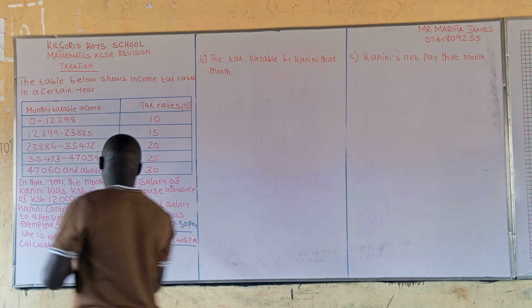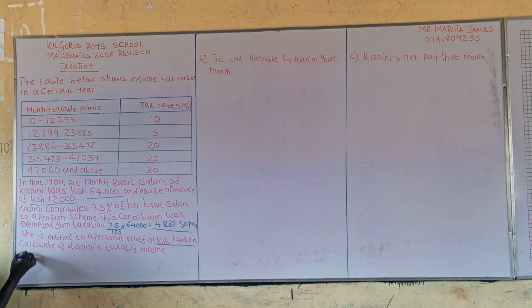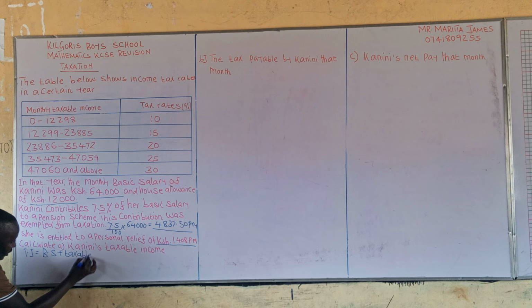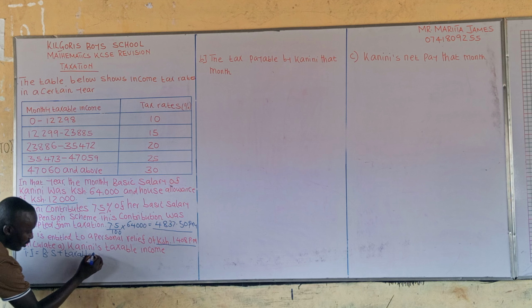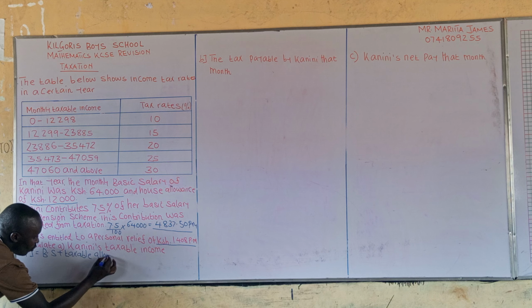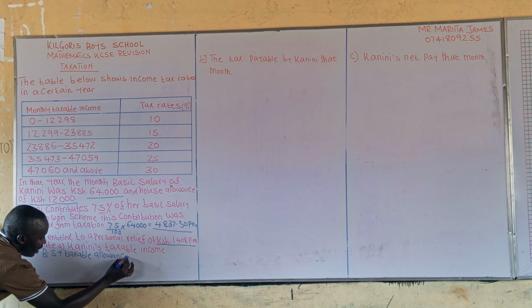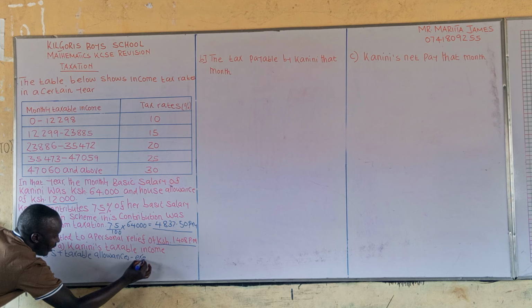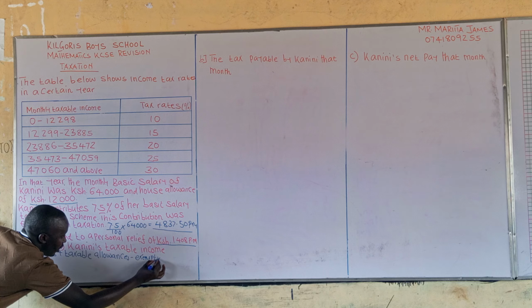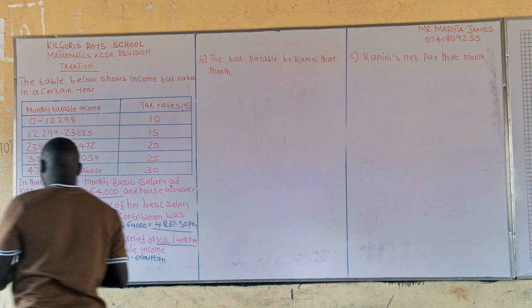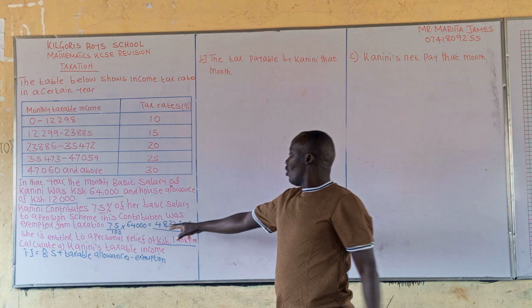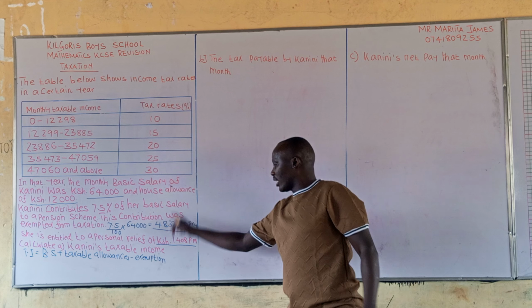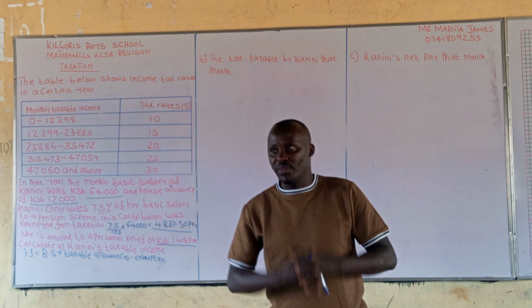So in this case, the taxable income of Kanini is equal to the basic salary plus taxable allowances, and then minus an exemption. We have only one exemption here, that is this 4,837. This one is exempted from taxation.